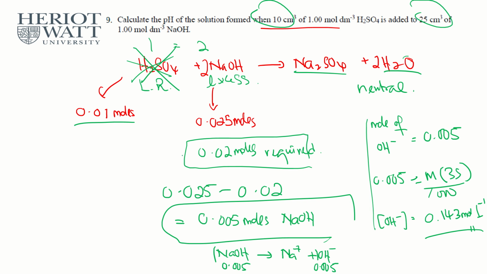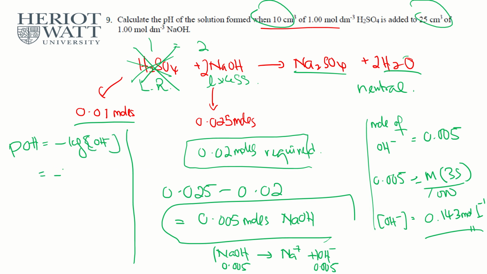All right, and next, what to do? Not done yet. You have to calculate the pH, right? But we don't have H+. We can calculate pOH first, or you can use Kw to do that, up to you. pOH equals minus log concentration of OH-.